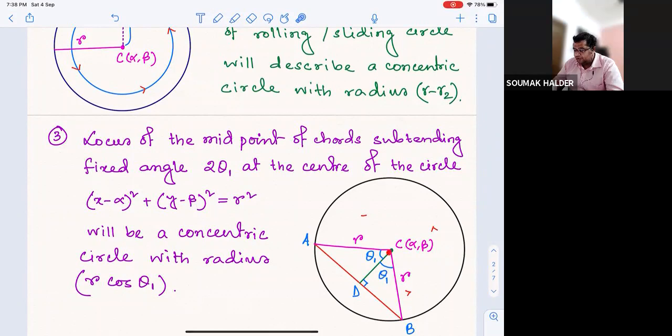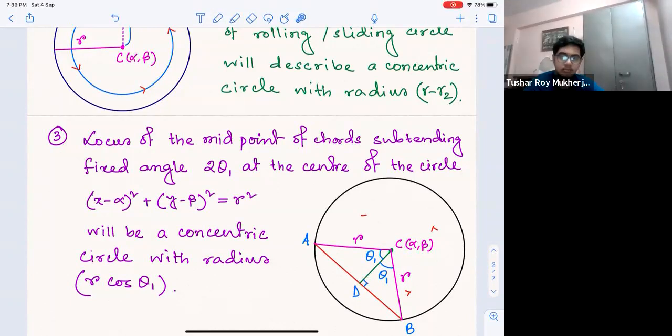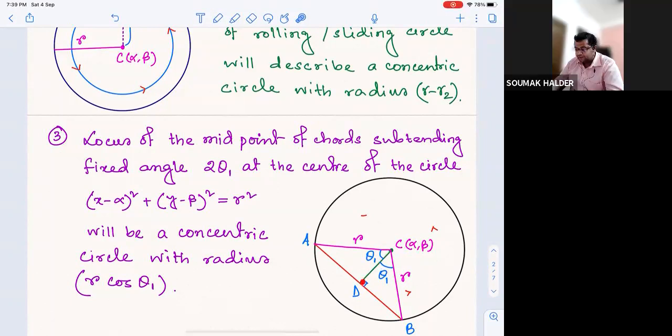And earlier we have already identified that the chord of fixed length which subtends a fixed angle also maintains this distance to be fixed, and it is r cos theta 1. We have discussed that earlier, with the geometric property. This is r cos theta 1.